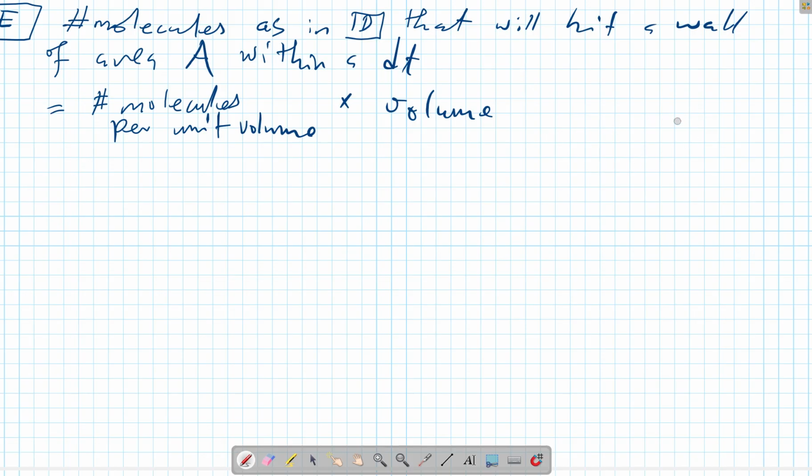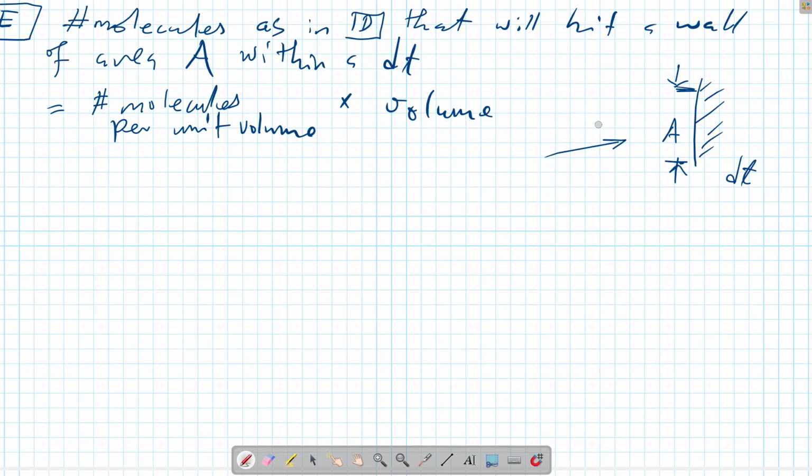So now there is a wall, let's say, that has a width A, and we want the number of molecules hitting the wall within a time interval dt, right?